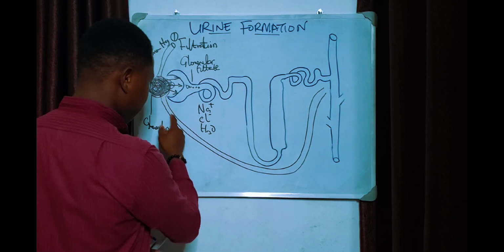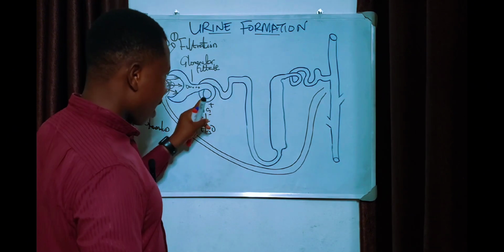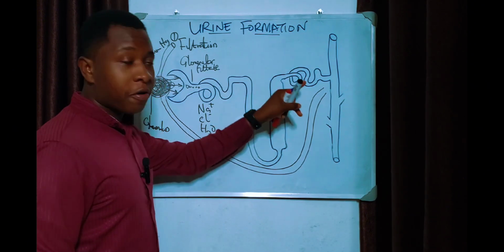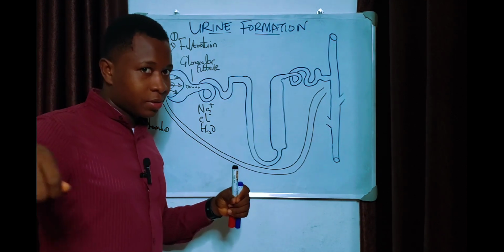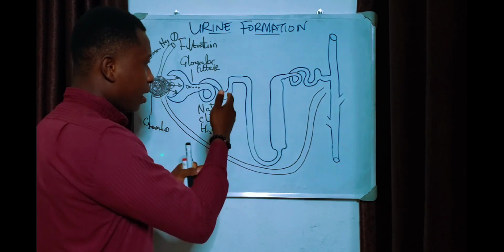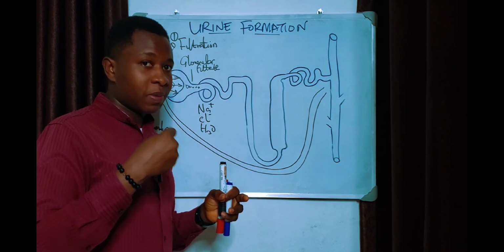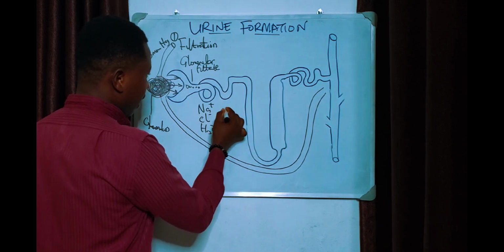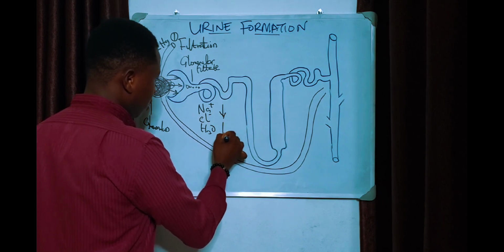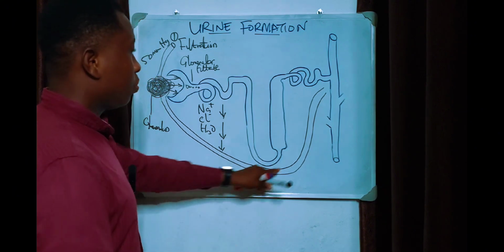So this is the blood vessel. Remember, ideally, this blood vessel wraps around the nephron, all right? But for the sake of this video, I had to unwind it so you would see where the blood is, where reabsorption takes place, okay? So these ions are reabsorbed back into the peritubular vessels.